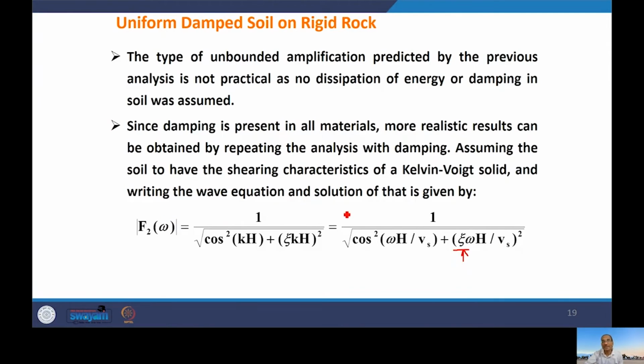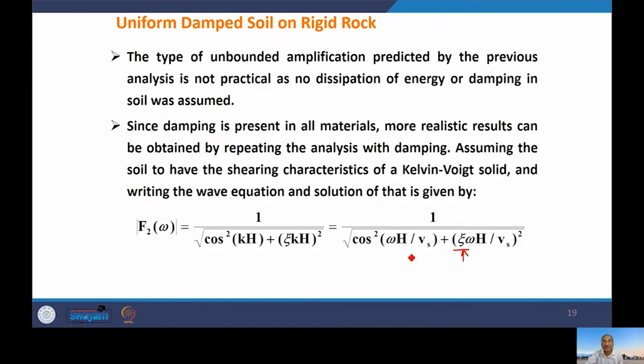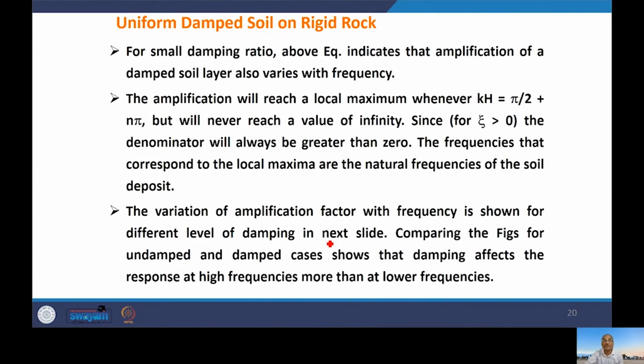So now let's analyze this equation. As earlier, we can plot the variation of F2 omega with omega H over Vs, and analyze it. But before that, for a small damping ratio, the above equation indicates that the amplification of the damped soil layer also varies with frequency. The amplification will reach a local maximum whenever kH is pi by 2 plus n pi, but will never reach a value of infinity.